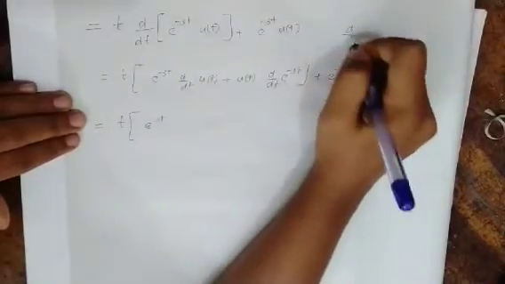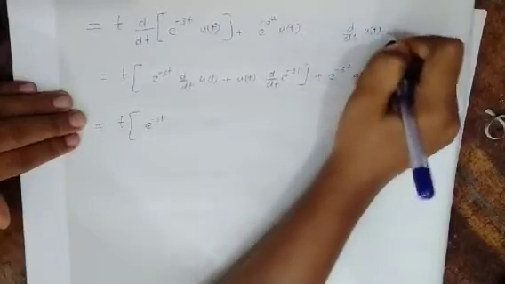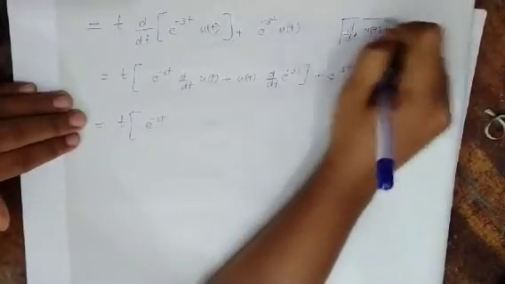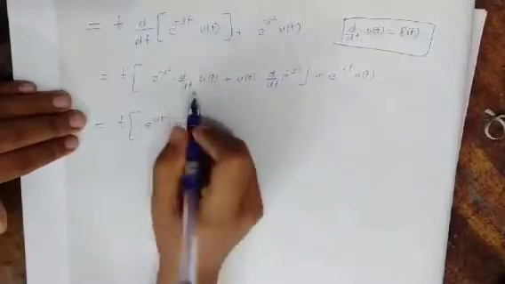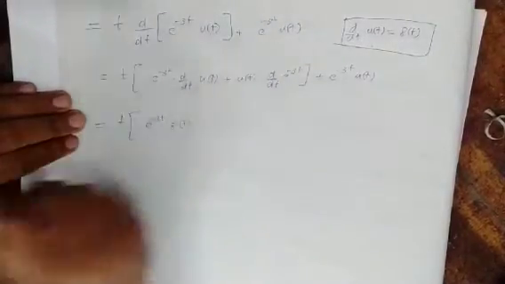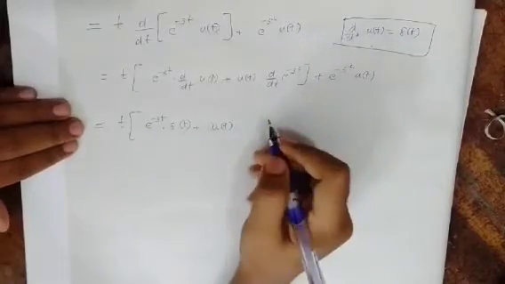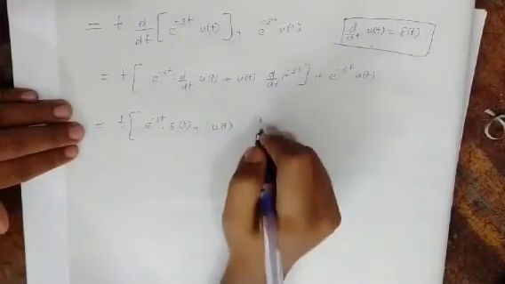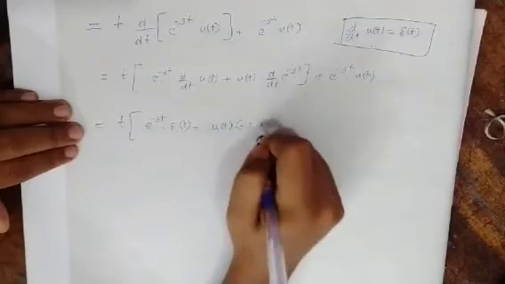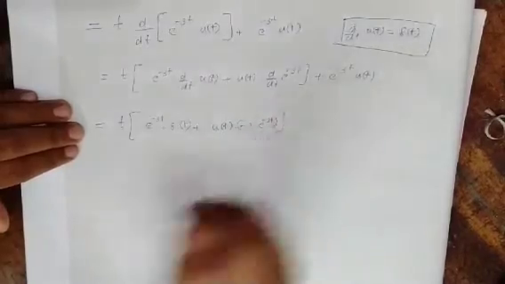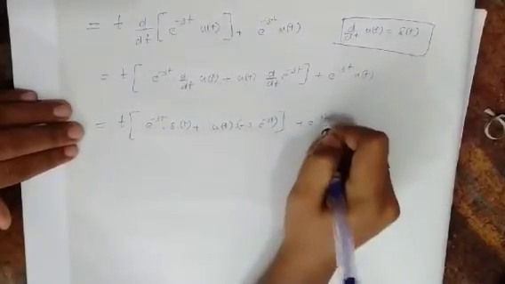The d by dt of u of t is equal to del of t. Okay, so into del of t plus u of t into d by dt of e raised to minus 3t, which equals minus 3 into e raised to minus 3t plus e raised to minus 3t u of t.